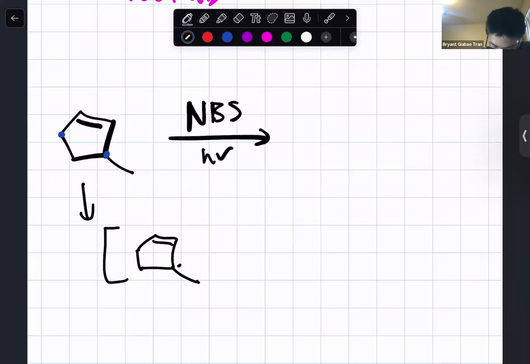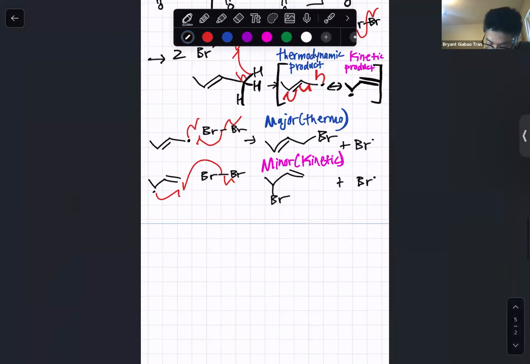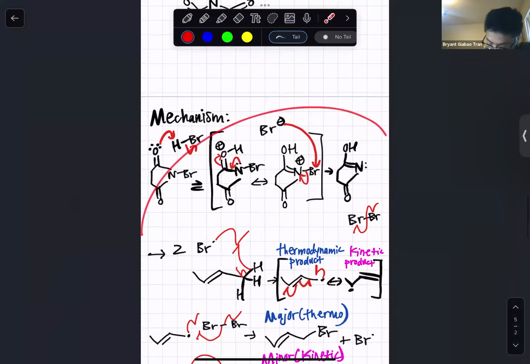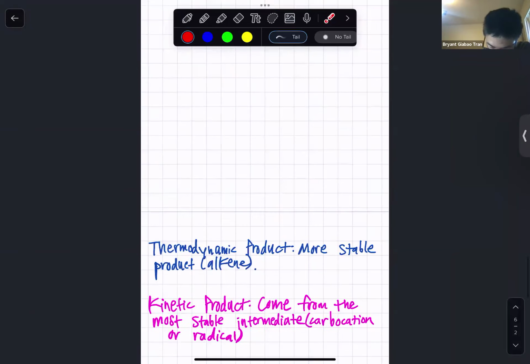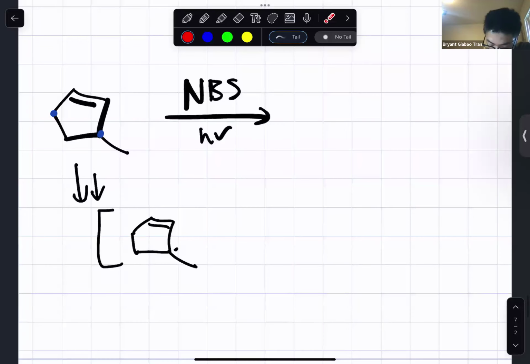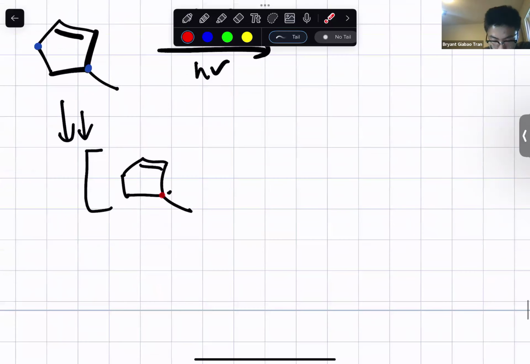Right. After a few steps, and the mechanism that I went over is over here, right? Where it will add a radical on the allylic carbons. The reason why I put a radical on this allylic carbon instead of this one is because this one is more stable.